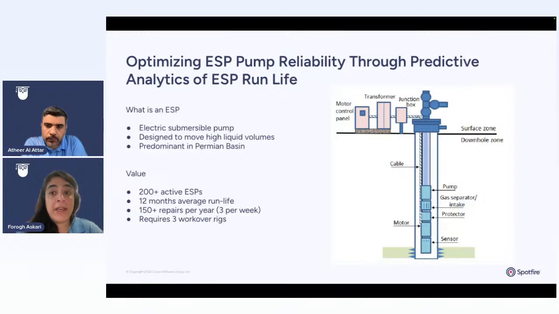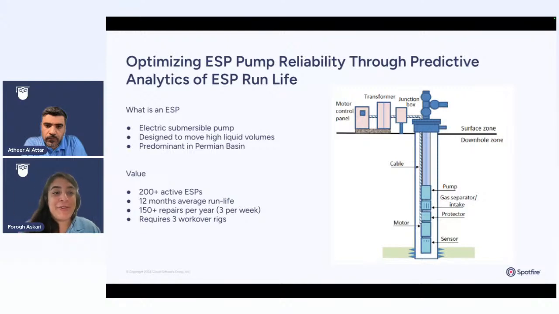There could be different trips, again all related to the process conditions. And there could be other defects within your well itself: drilling and completions defects, maybe the design of the ESP itself, or perhaps the particular pump that was used was not properly designed or sized for the application that it's being used in.